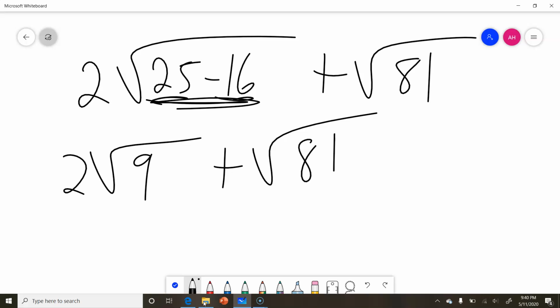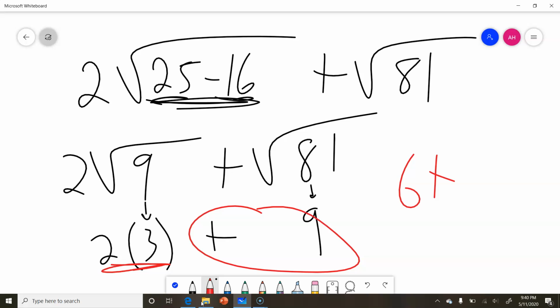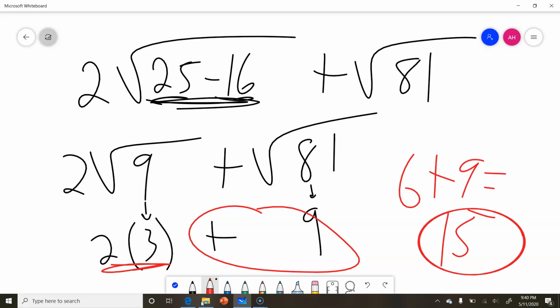The square root of 81 is 9, and the square root of 9 is 3. So I have 2 times 3 plus 9. 2 times 3 is going to give me 6, plus this 9 right here gives me a grand total of 15. So it's just doing the order of operations and solving simply like that. If you look at your homework, that's going to be one of them.